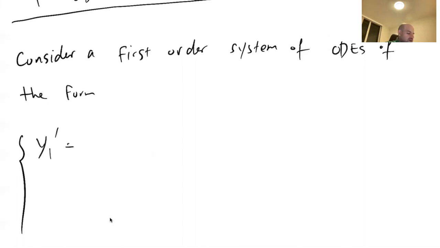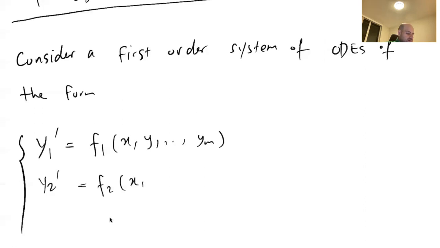So let's say y1 prime equals f1 of x and y1 to, let's say, ym. y2 prime equals f2 of x and, let's say, y1 to ym again.